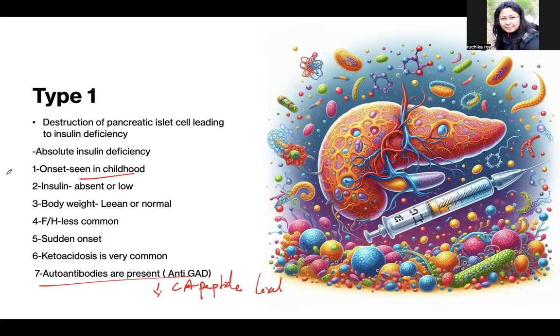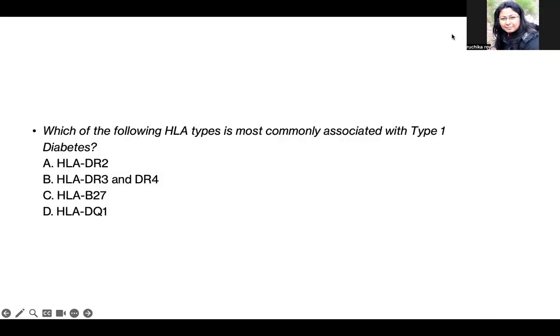So let's go through some example MCQs. The first question: which of the following HLA types is most commonly associated with type 1 diabetes? You can type your answer in the chat box.